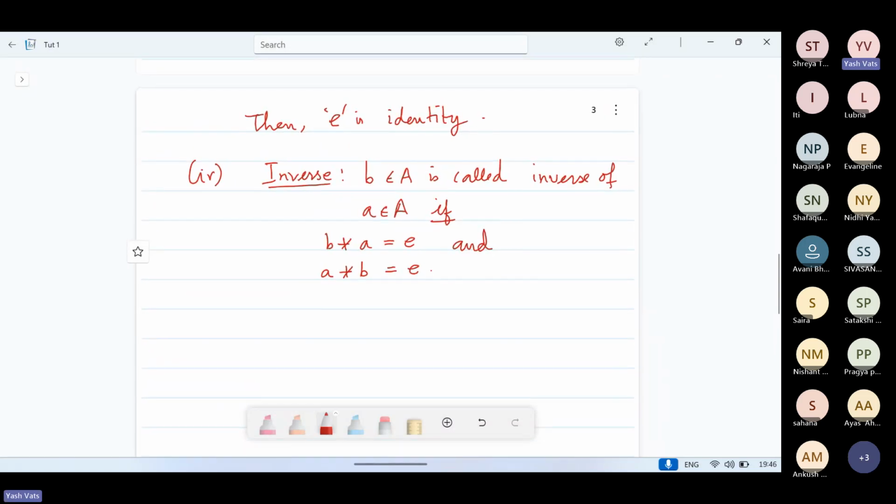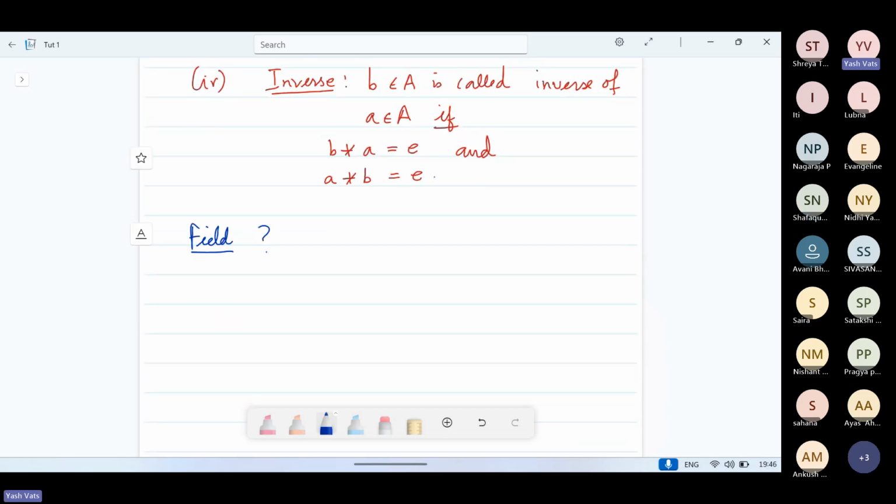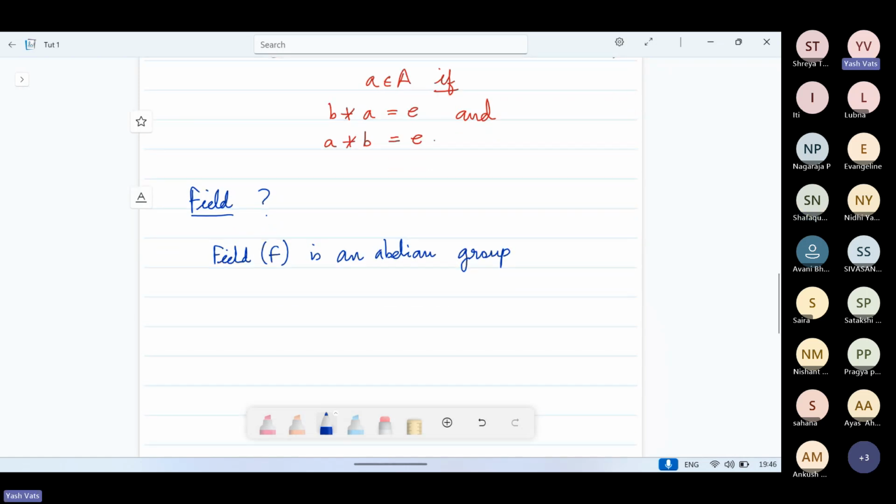The next thing is a field. What is a field? A field is just a group with some extra properties. A field, denoted by F, is an abelian group, and there are two operations in the field, plus and dot.